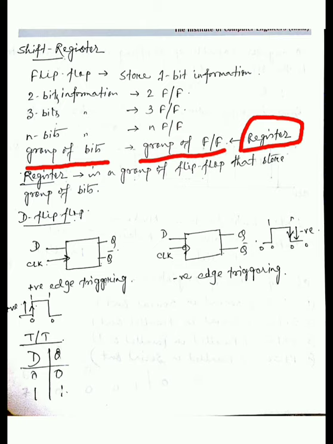In one statement we can say a register is a group of flip-flops that stores a group of bits. It is a temporary storage area, because we know that the storage of a flip-flop changes according to the clock pulse. So a register is also a temporary storage area.